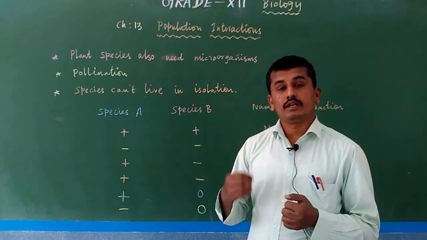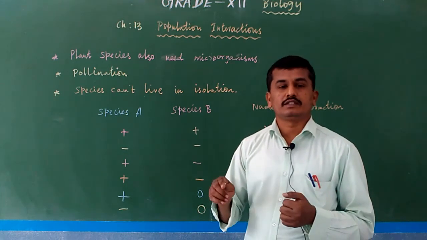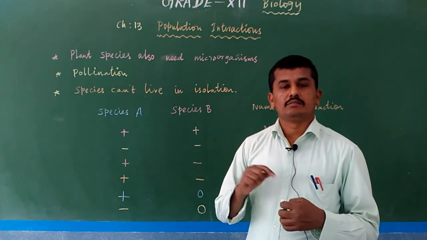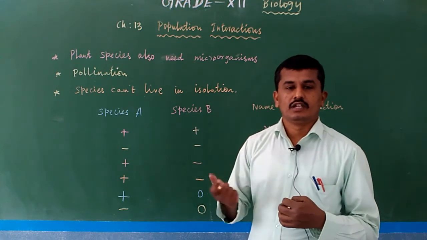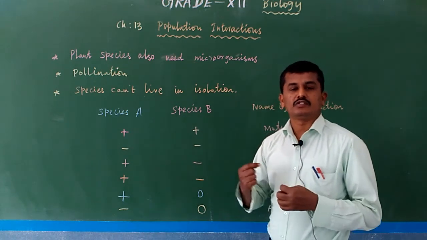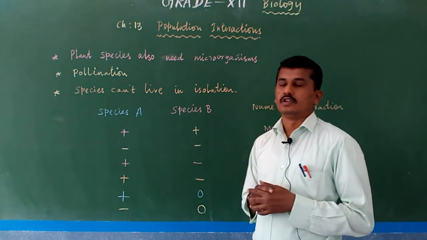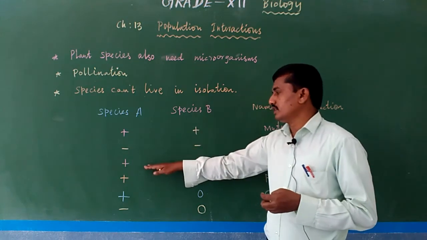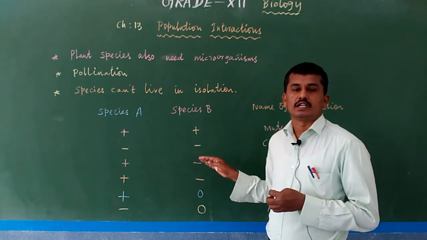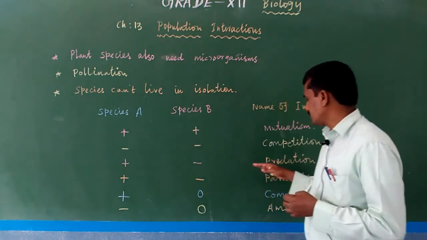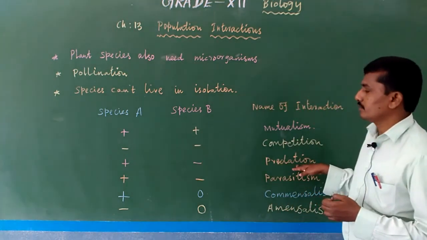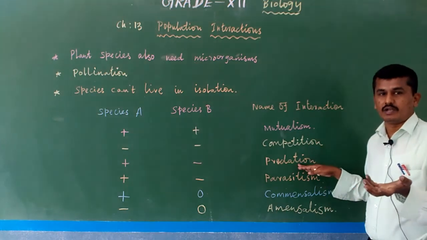So the Plasmodium protozoan gets benefited, but our cells get minus because there are some reactions, some diseases, some symptoms that may occur. So some organisms get benefited and some get minus, that interaction is predation. Predation is a lion and deer, as an example.